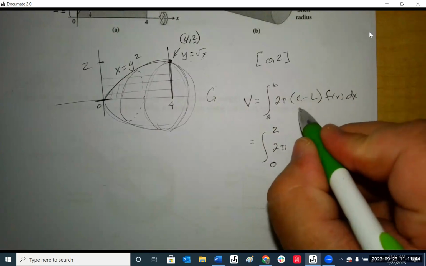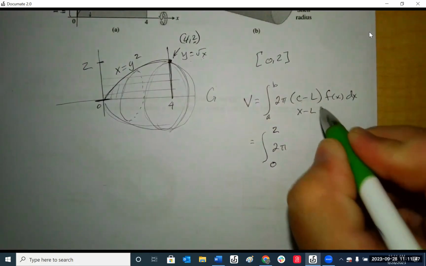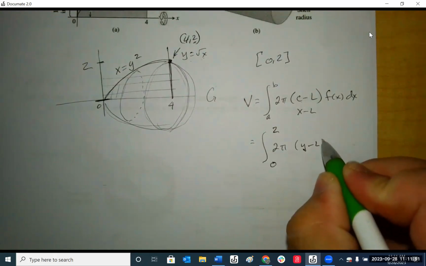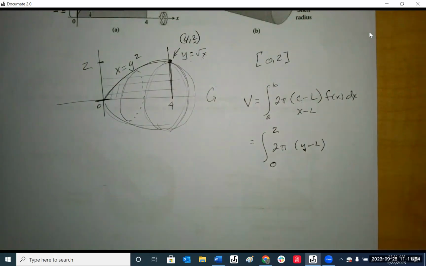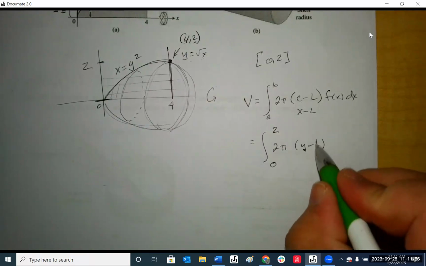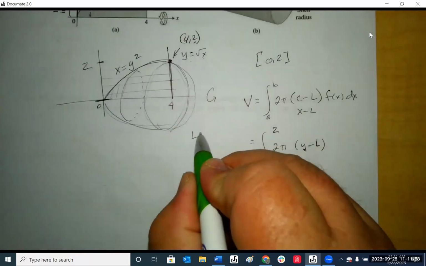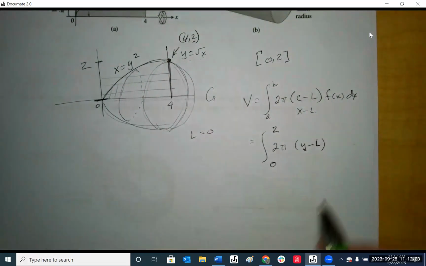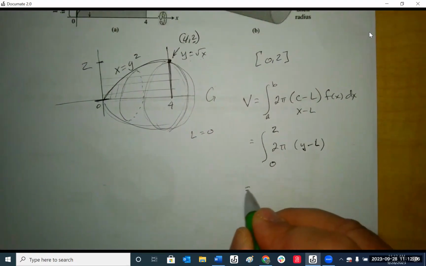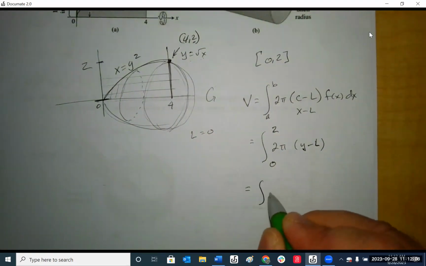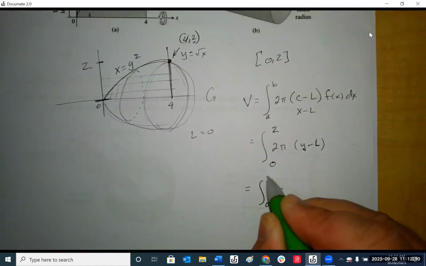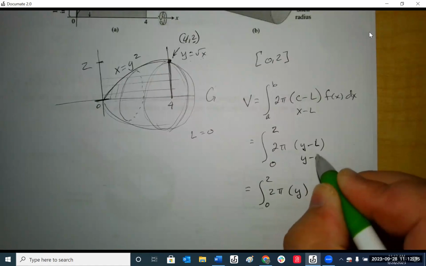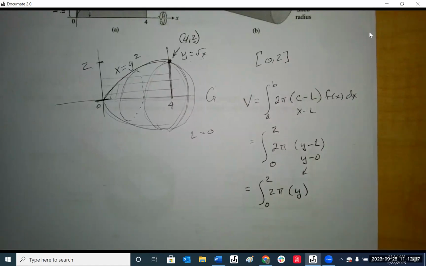Well, here, instead of x minus L, we now have y minus L. And L is 0 because it's about the axis, y equals 0. So it's y minus 0 that gives us that.